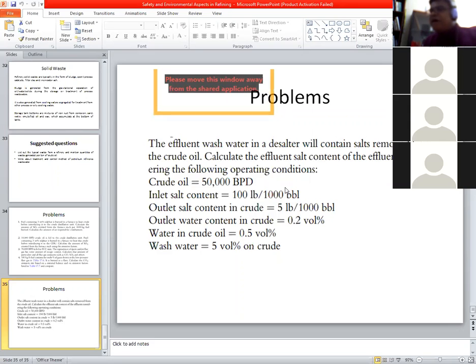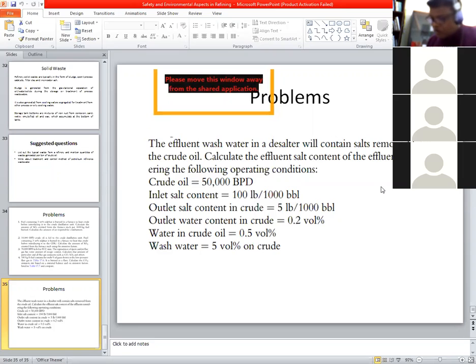We are calculating mass flow rate, but initially you will get volumetric flow rate. So volumetric flow rate multiplied with density of water, then only you get the mass flow rate. Please tell me how much you got, I want to cross check. Doctor, I also got the same answer, 905,074. Okay, good. Then I will consider that one.